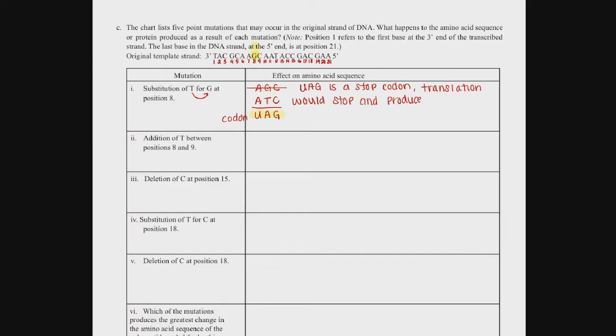And so if this is creating this codon on the mRNA, then translation to proteins is not going to occur because it is now coding for a stop codon. So a UAG in the mRNA is not going to stop it from replicating. Changing this in the DNA is not going to stop replication from happening, but when you get to the translation into protein, the codon will code to stop.